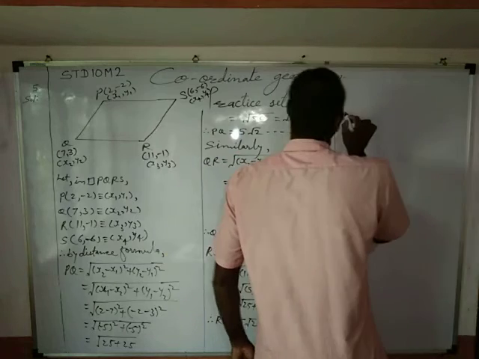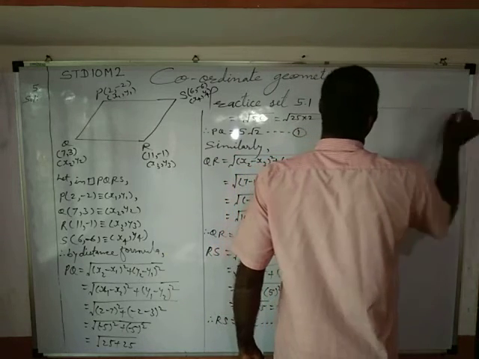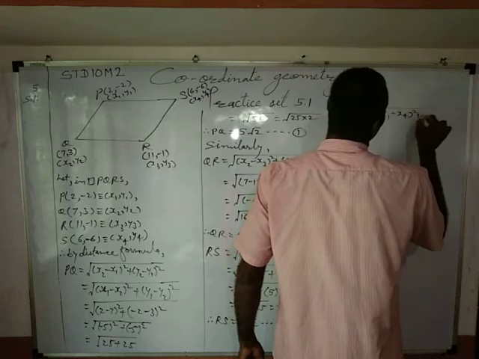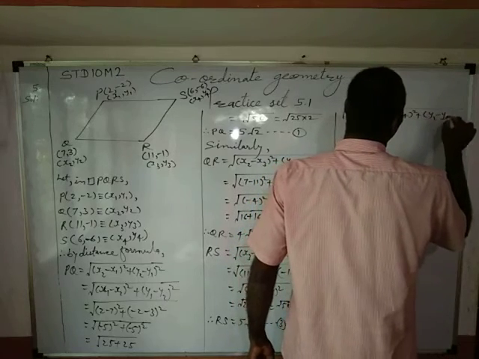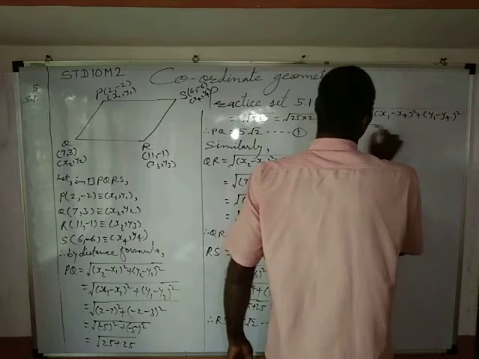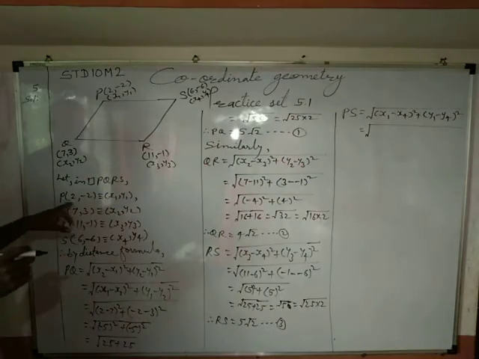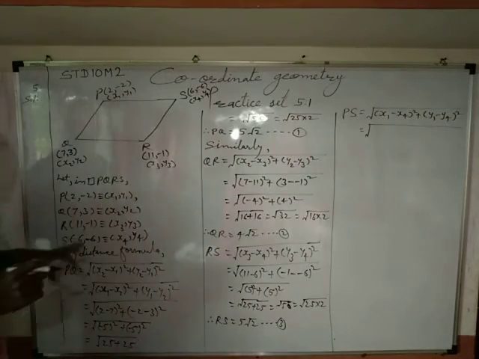Okay, now PS equals under root (x1 minus x4) square plus (y1 minus y4) square, equals under root, x1 is 2 and x4 is 6.